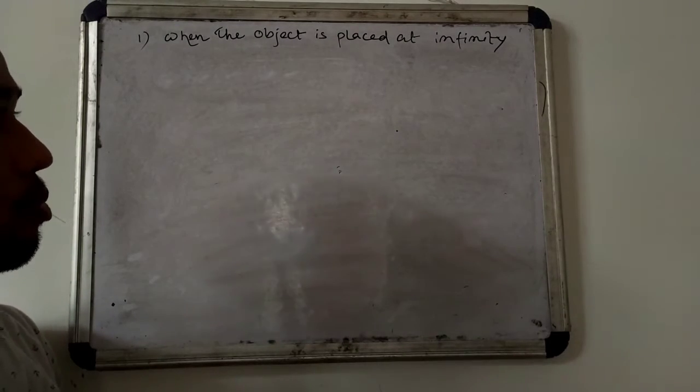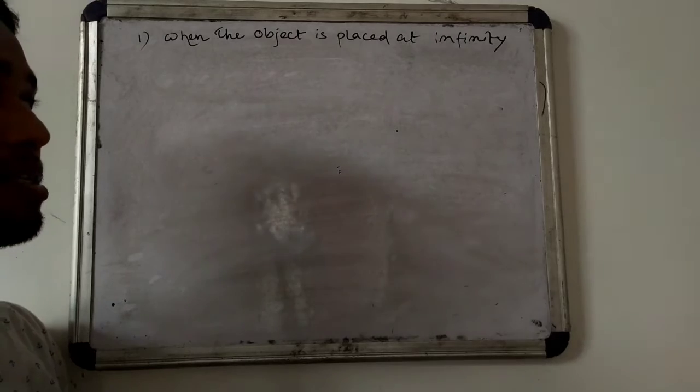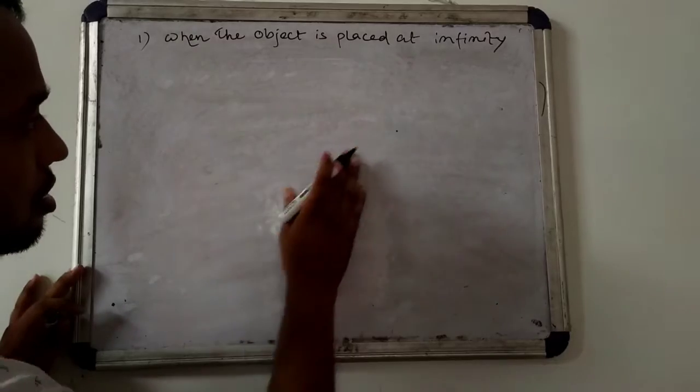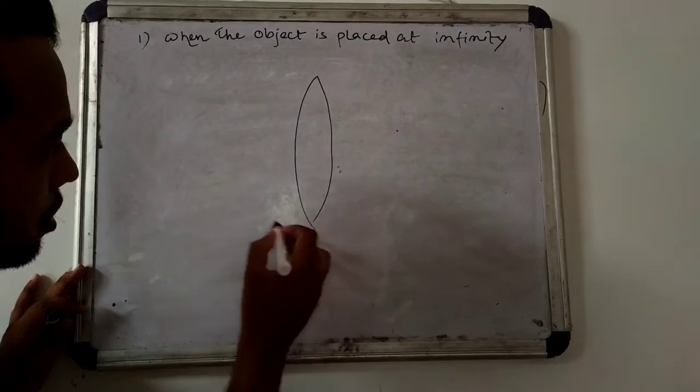One thing you have to remember is that any ray coming from an object placed at infinity will always be considered a ray parallel to the principal axis.